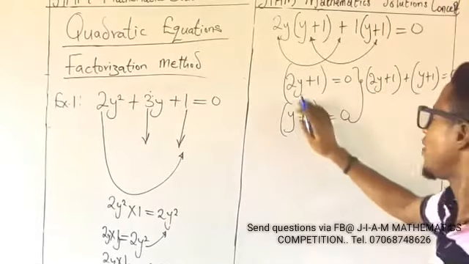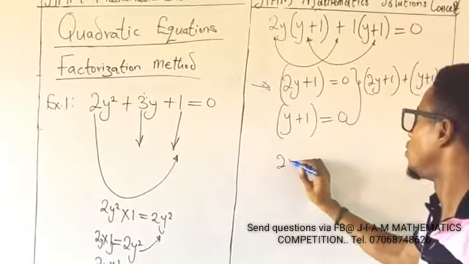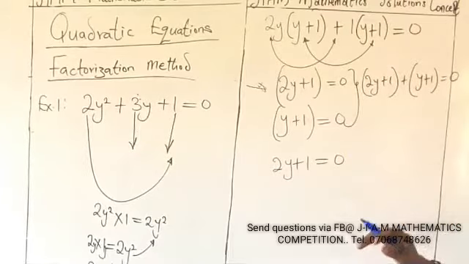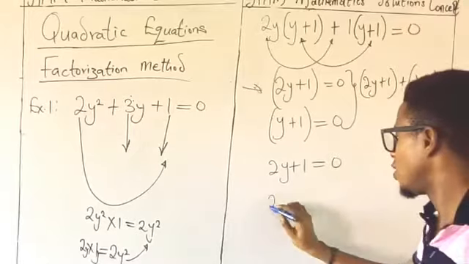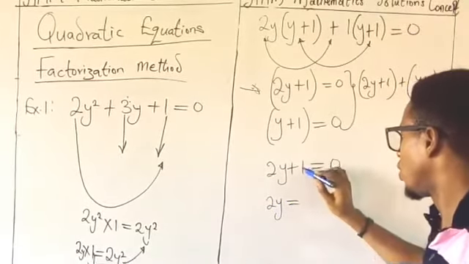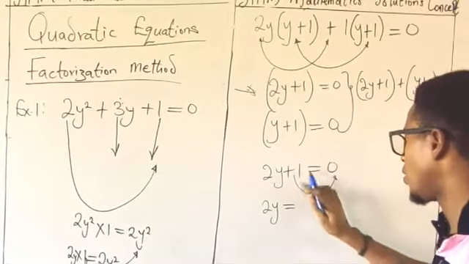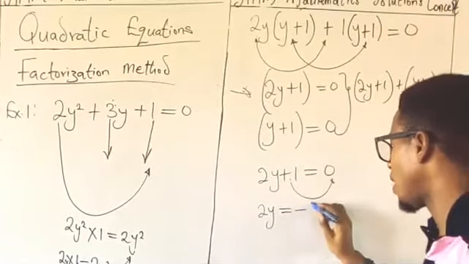Now let's go. If we say 2y plus 1 equals 0, I want to see what y is. 2y equals, when you collect like terms, the plus 1 becomes minus 1.